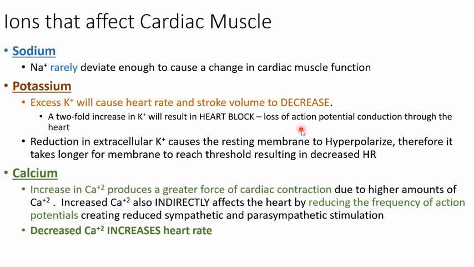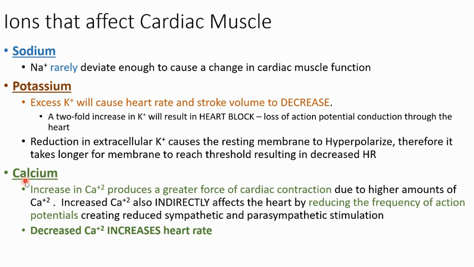Keep in mind, too much potassium hyperpolarizes, which means you're going to have a super strong stimulus coming in to overcome that. And if you have way too much potassium, it gets to where it doesn't matter how big the stimulus is, it's not going to cause an action potential in the heart. Reduction in extracellular potassium causes the resting membrane potential to hyperpolarize. Therefore, it takes longer for the membrane to reach threshold, resulting in a decreased heart rate.